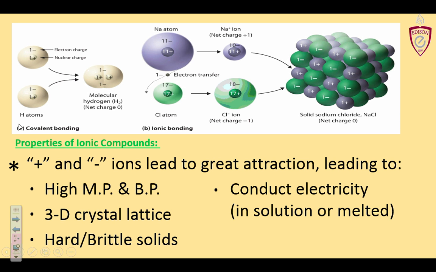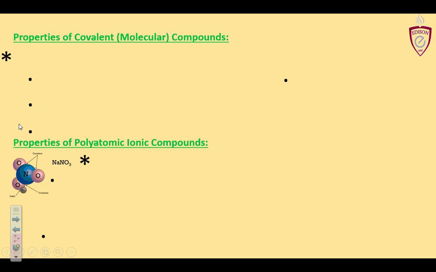So if I have a bunch of little negative ions there in solution, they allow the water to conduct the electricity. They don't create electricity in water. They allow it to conduct electricity because you're pumping electrons in on one side of this system and then they're moving through, jumping from ion to ion, if you will, to the other side, allowing it to conduct. But it makes for a good test to find out if something's ionic or not. Dissolve a little in water, see if the water conducts electricity.